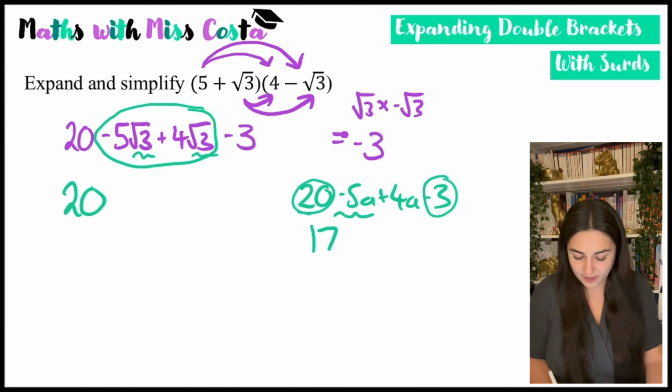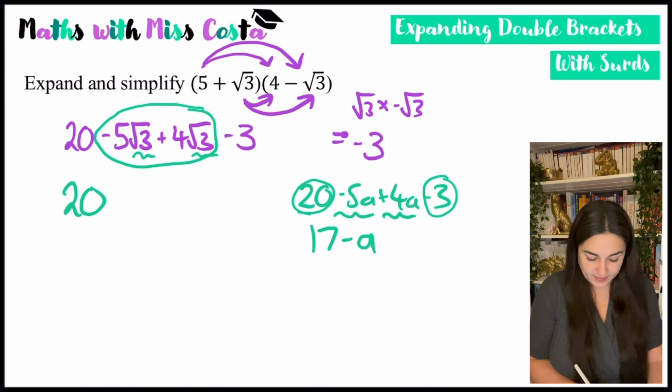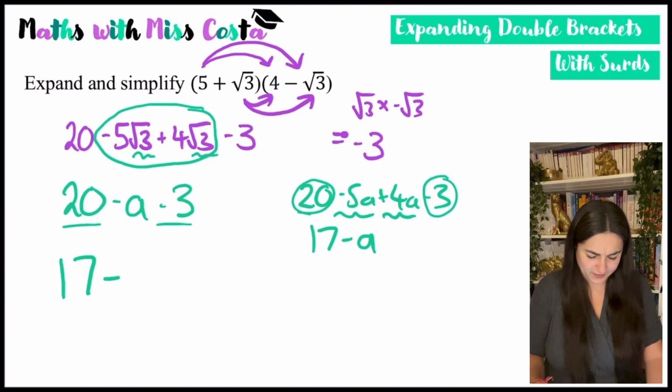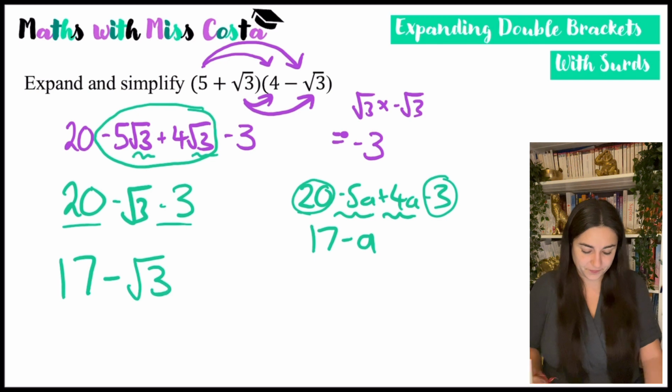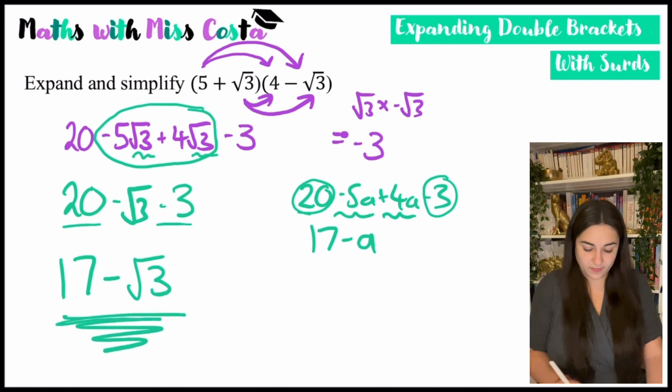And then negative 5 plus 4 would be negative a. So that would be 20 take away a, take 3. And then that would become 17 take, what am I doing? Sorry, take root 3, not a. So that would become 17 take root 3. And that's how we do that the other way.